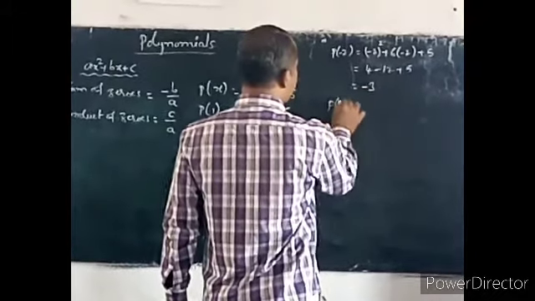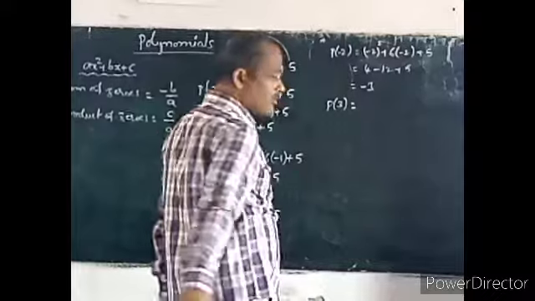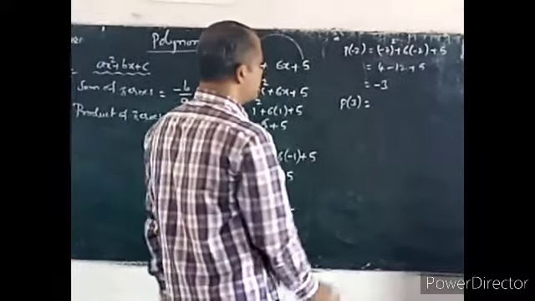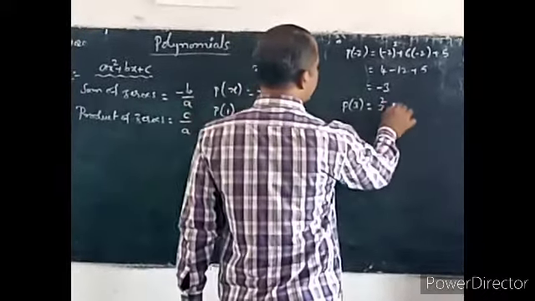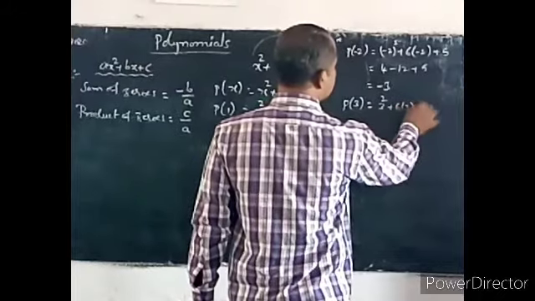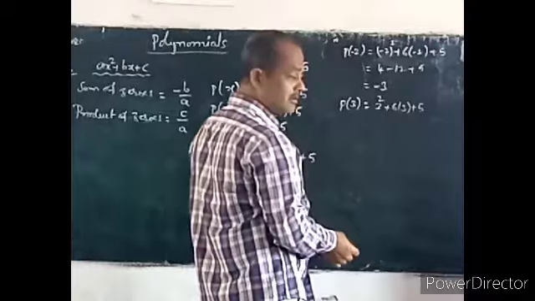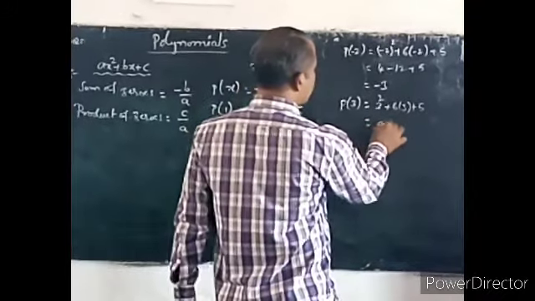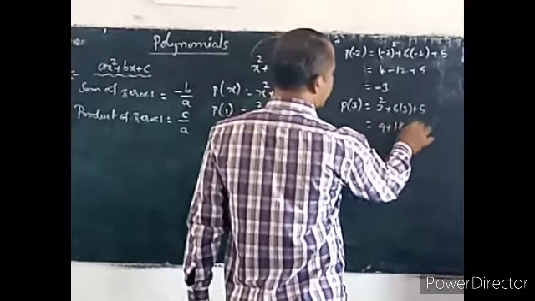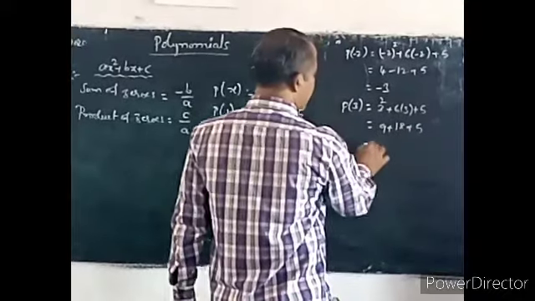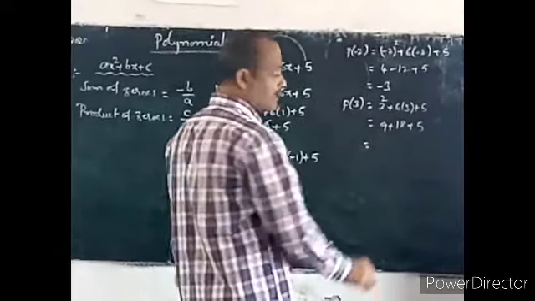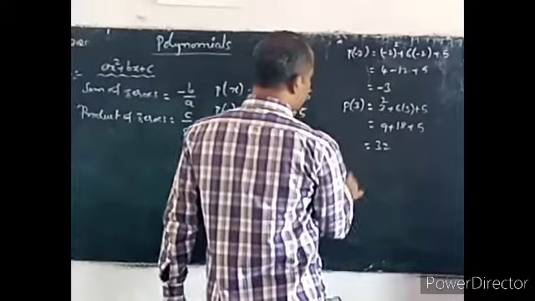In the same way, p of 3. 3 square plus 6 into 3 plus 5. 3 square is 9, plus 6 into 3 is 18, plus 5. 9 plus 18 is 27, 27 plus 5 is 32.